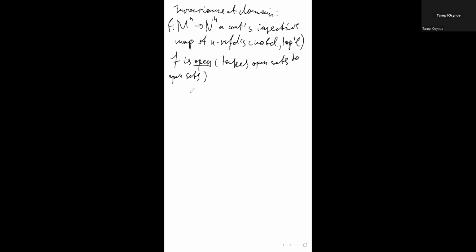Step one, it suffices to consider the case when the source manifold M is an open ball. Well, let's assume this.